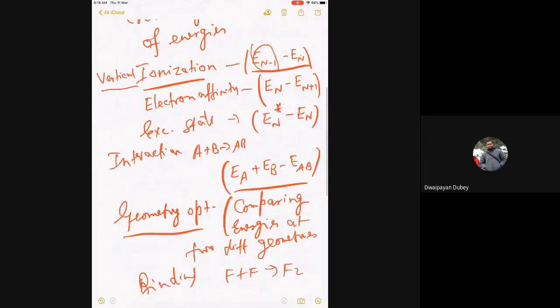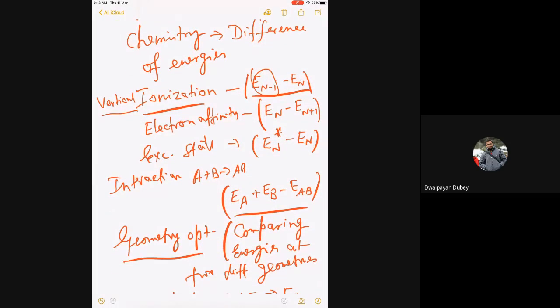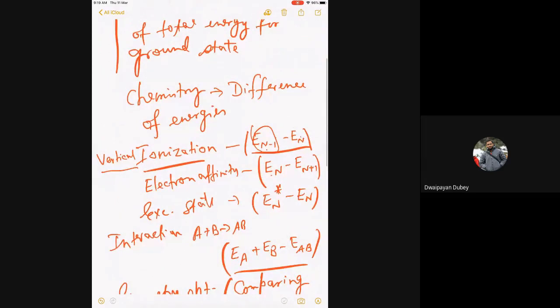If you look at all the problems of interest, they are all related to the difference of two energies and not the energy per se. We are really not interested in En per se. We are interested in En at an equilibrium geometry compared to the other geometries. That's optimization, which is in a way the difference, right? So everything that we are interested in in chemistry is actually a difference of energies.